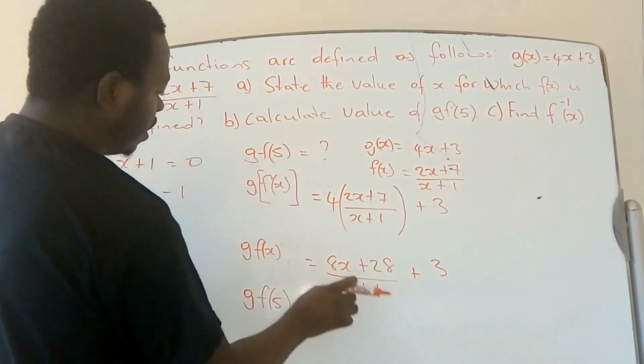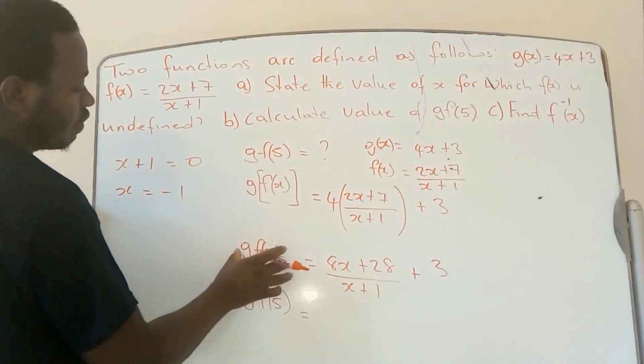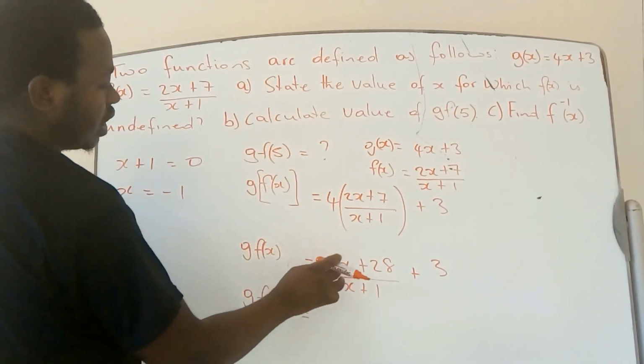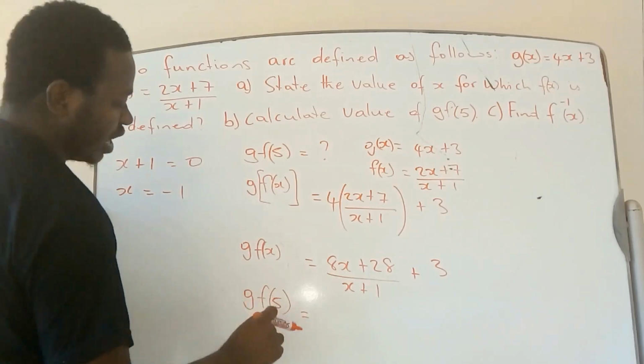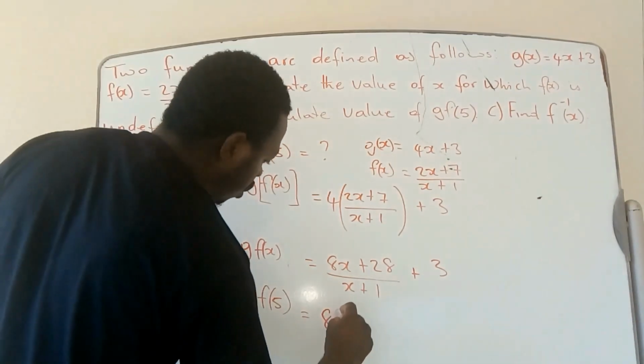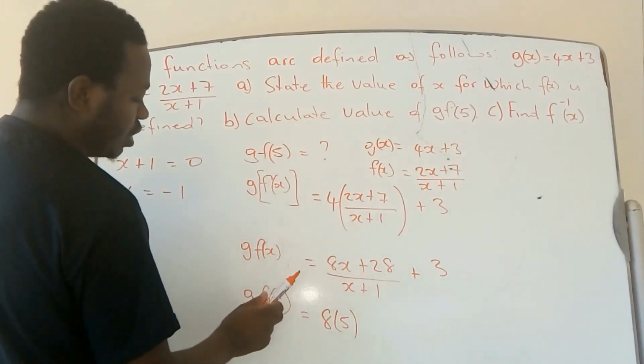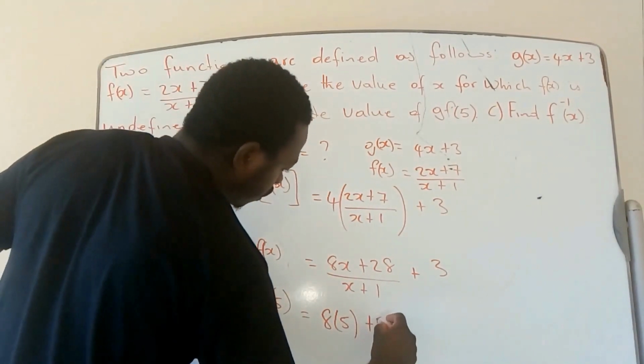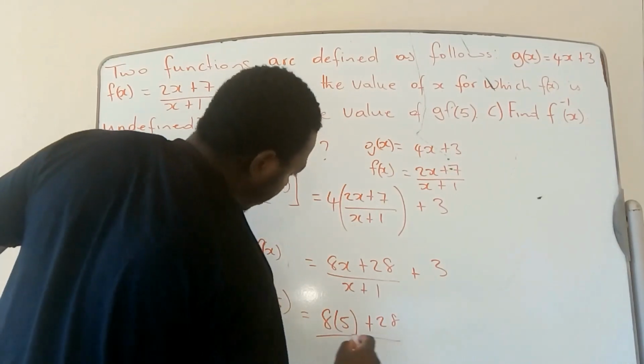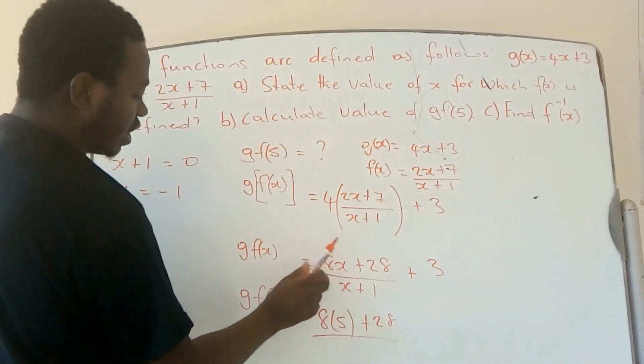What this is saying, take the function g of f of x, and anywhere you see x, replace it with 5. So this is going to be 8, open bracket, 5, because we're not going to write x, we're going to replace it with 5, plus 28, all divided by x. But what is x? x is 5.